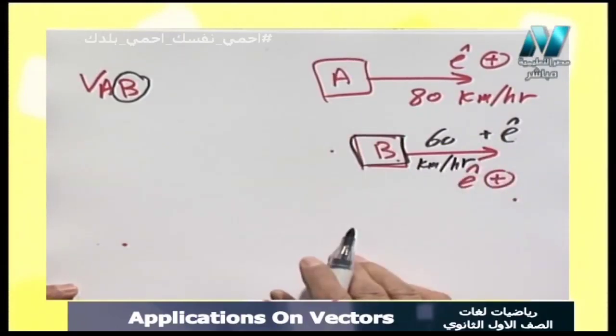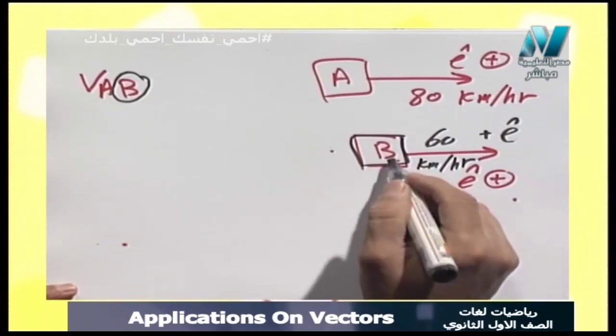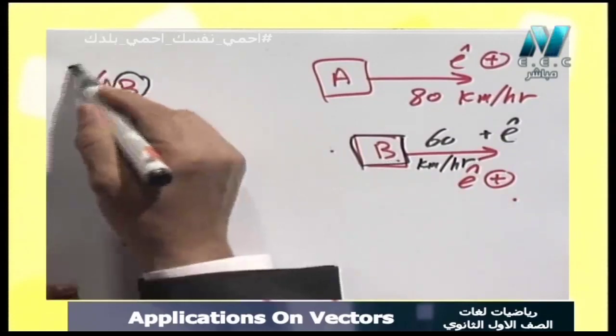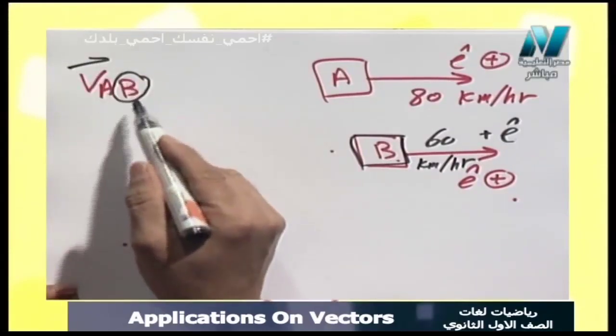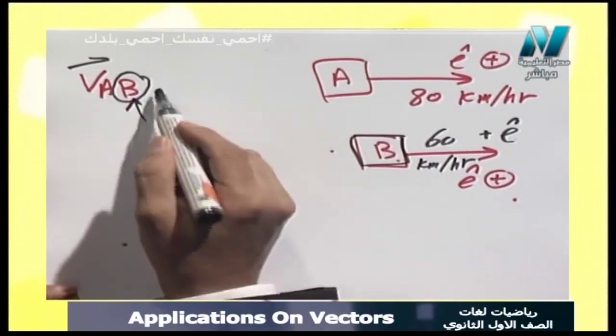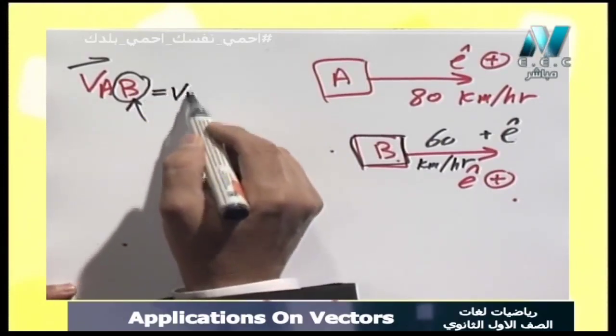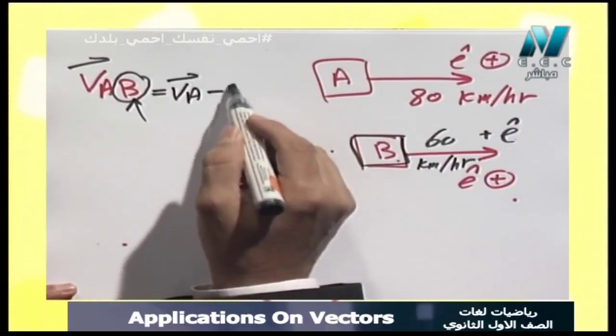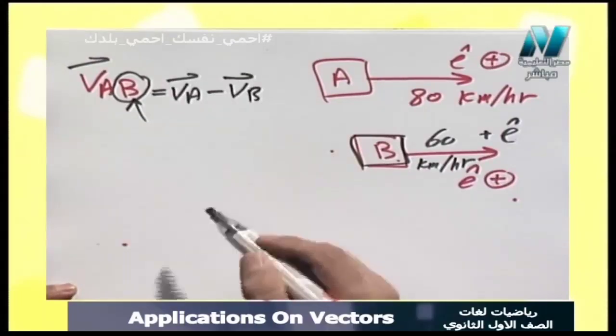So we write the velocity VAB. We will fix the observer at the end. So the rule is VAB equals VA minus VB.